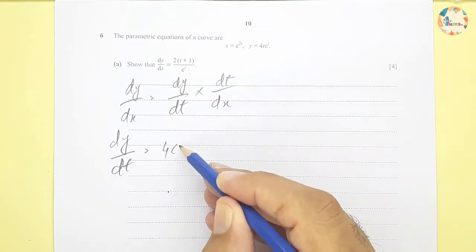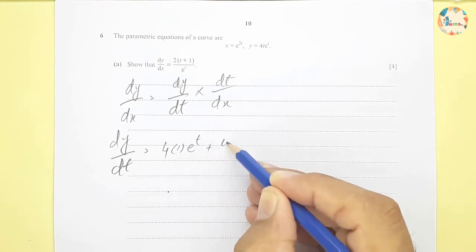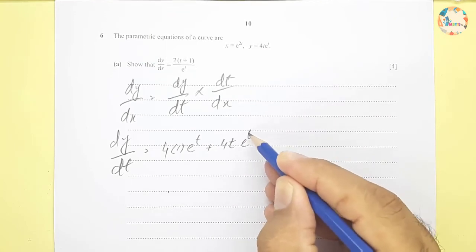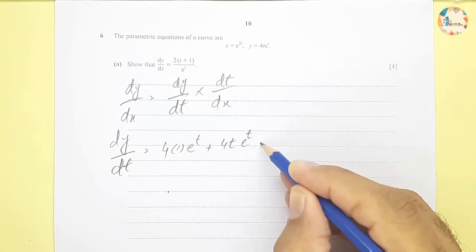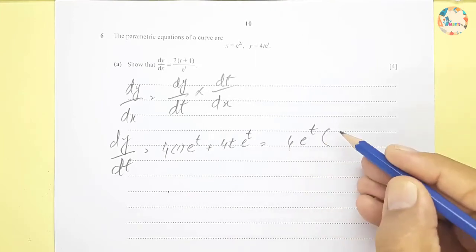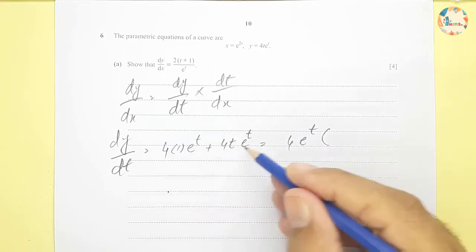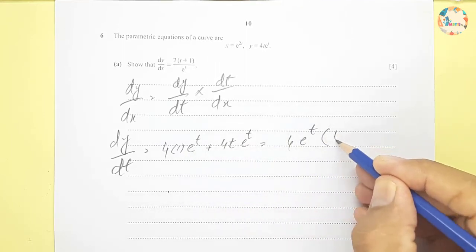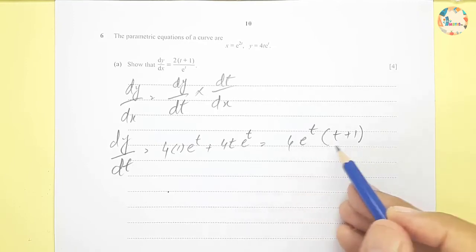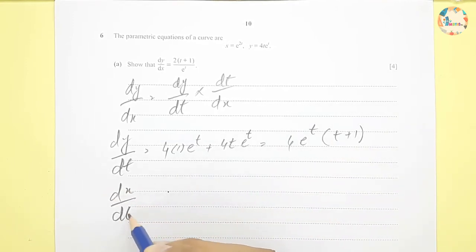So we can write here 1 and e raised to t, and then plus 4t as it is, and derivative of e raised to t will be e raised to t as it is. So this will be 4 e raised to t into 1 plus t. Basically we can take common 4 e raised to t, and this will be t plus 1. So this will be the simplified form.